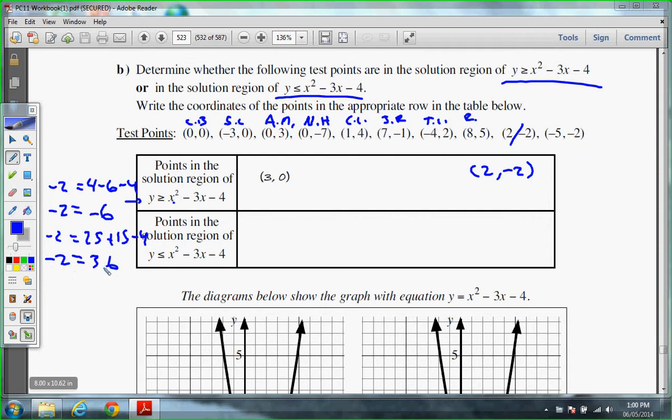Negative 2 and 36, which is bigger? The 36 is bigger, so that means the right side's bigger, which is this one right here. So the other point I just did is going to go in the bottom section, over here. Does that make sense? Because the right side's bigger, we want to see which side the bigger one is on.